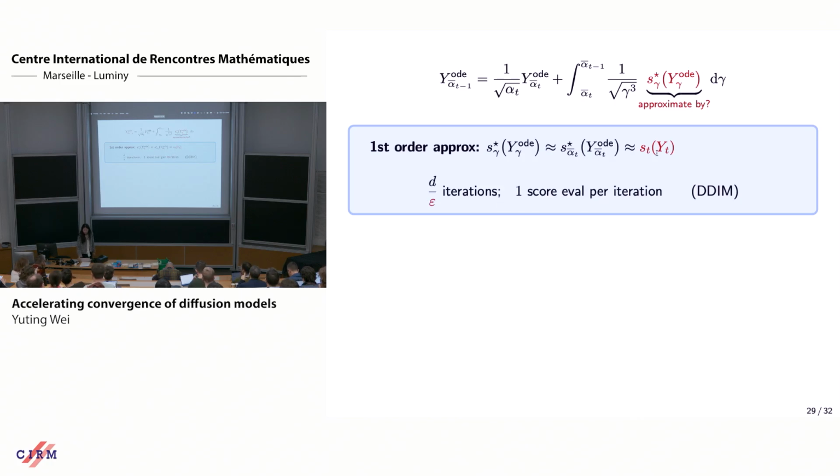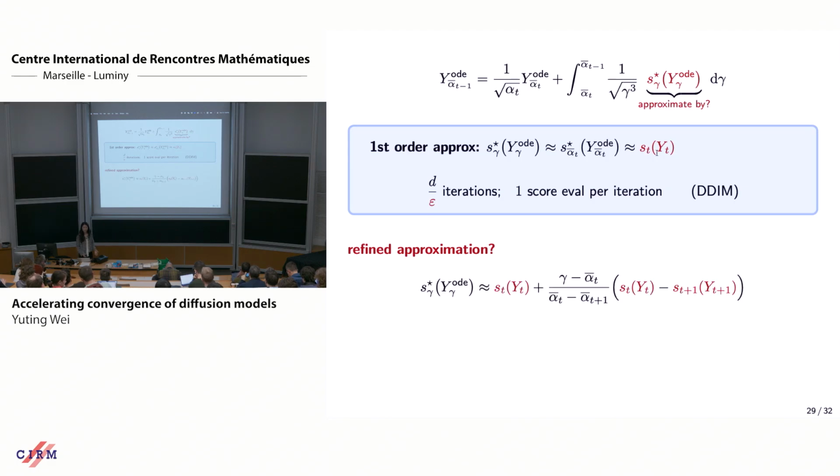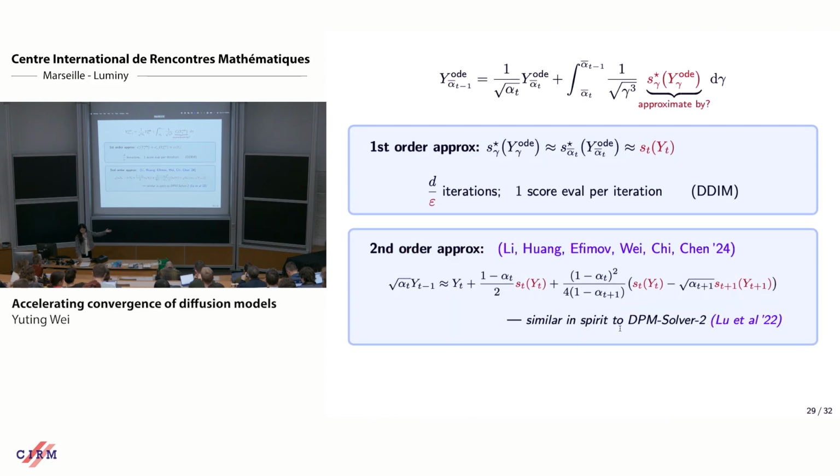However, that gives you d over epsilon iterations. If you want a more refined approximation, of course, you can use a first order Taylor expansion and take the endpoint plus the derivative term. You don't have access to the derivative, so you use the two endpoints to approximate it. That's the whole point of this design, and that gives you the proposed method I was talking about earlier.